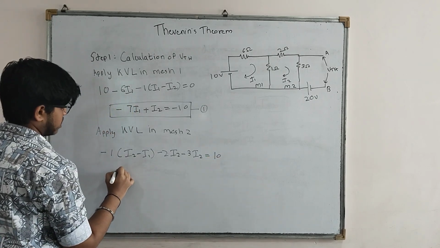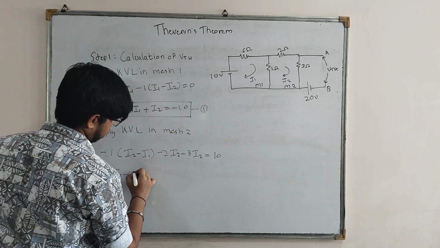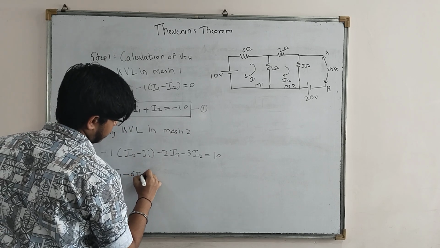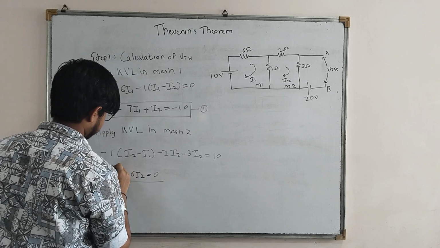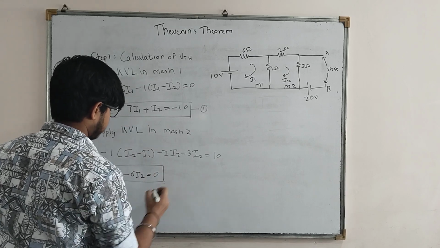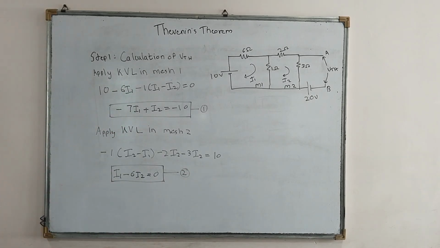So this equation turns out to be I1 minus 6 times I2 is equal to 0. This is my equation number 2. Please note this down.